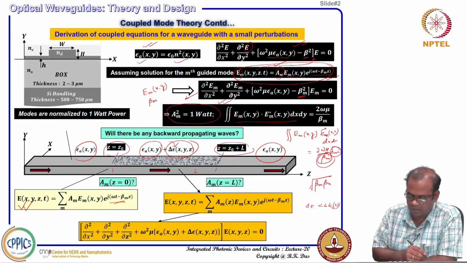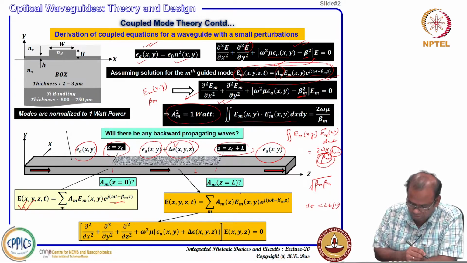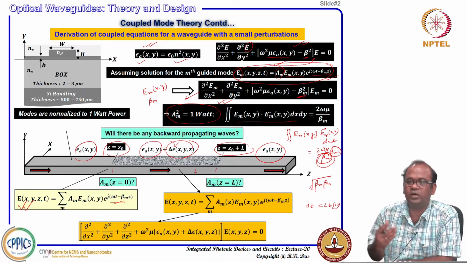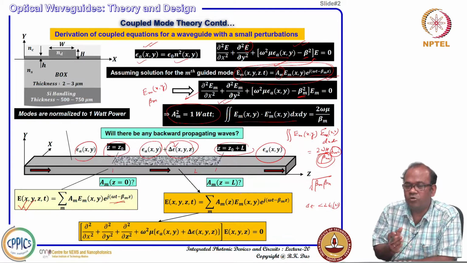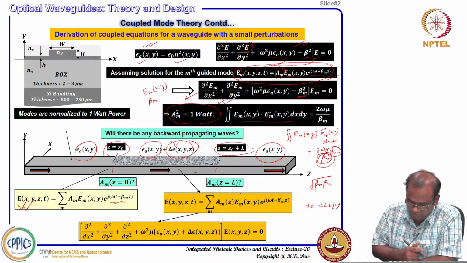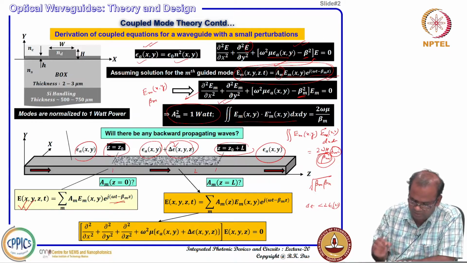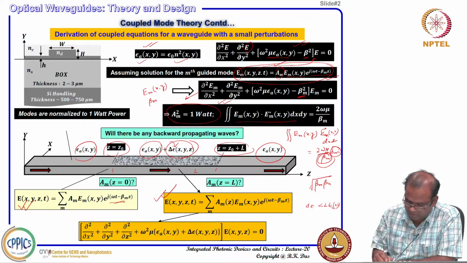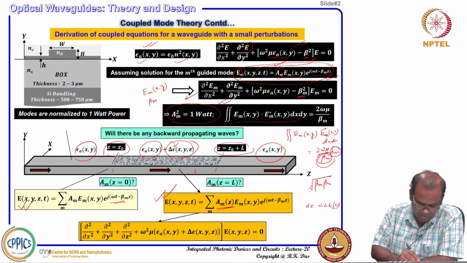For this small perturbation, you are breaking the orthogonality condition. That means the modes propagating inside the waveguide are no longer orthogonal; they can start interacting with each other and exchange energy depending on certain conditions. So, in this perturbed region, the modified total electric field can be written with its amplitude.